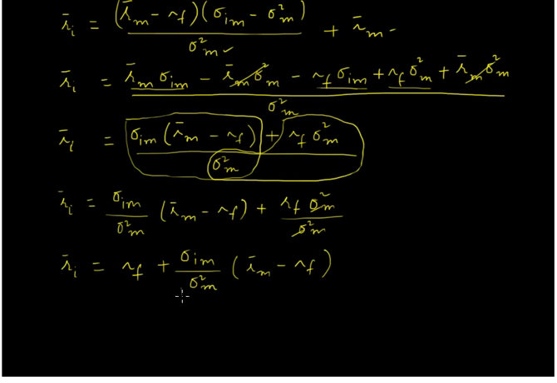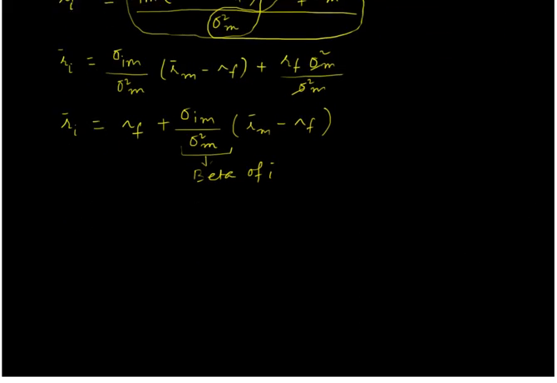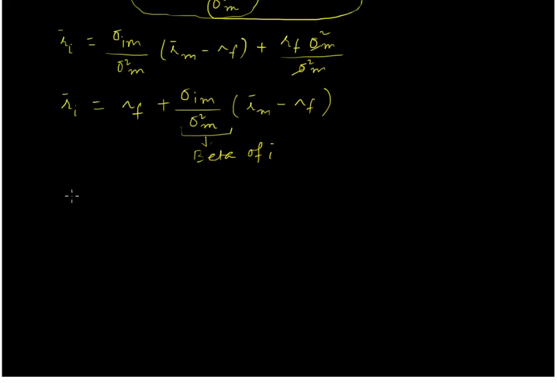We know from a previous video that this is nothing but equal to beta of I, so we can make that change and write Ri bar as being equal to Rf plus beta of I times Rm bar minus Rf. This is our SML equation that we see in the textbooks.